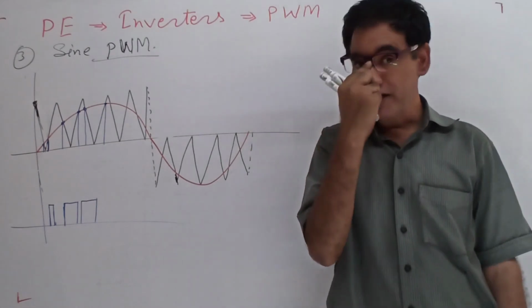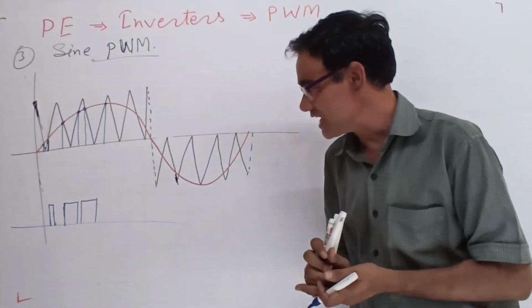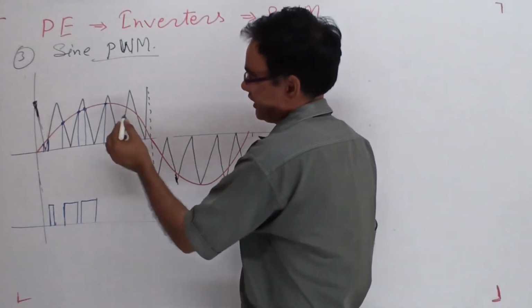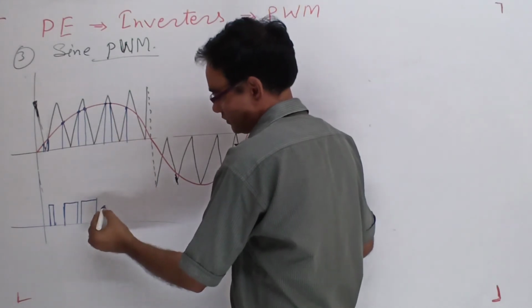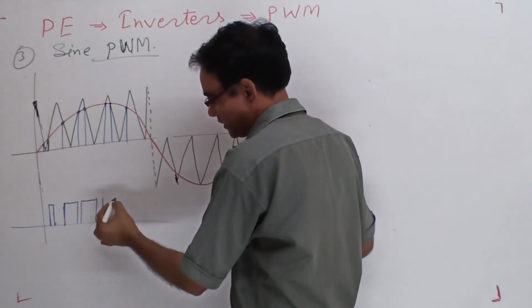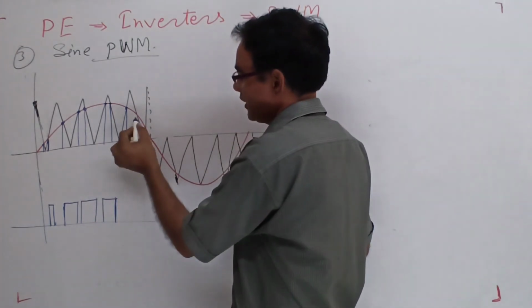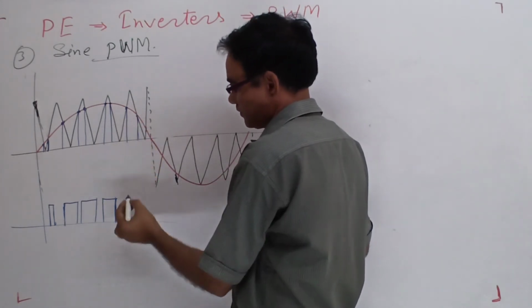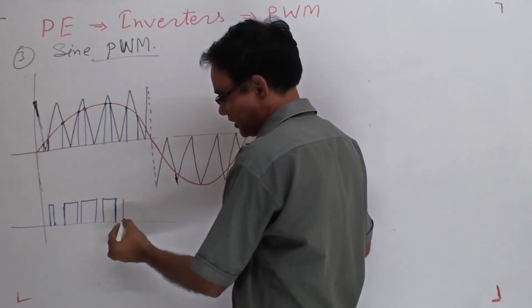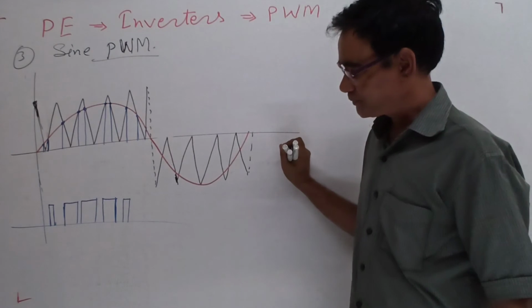Pulses are equal in magnitude, but they have different widths as per the sine wave. Next pulse has a width equal to this, and the next, and the next. So these are the pulses.